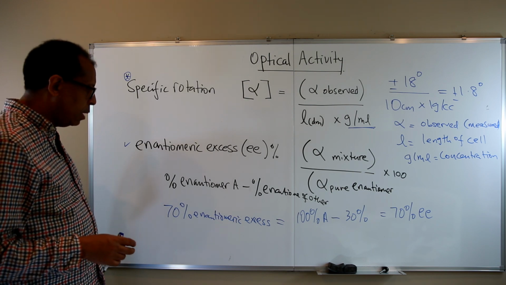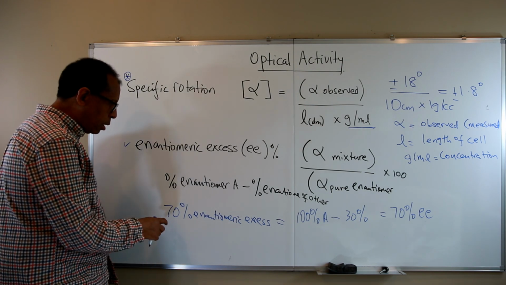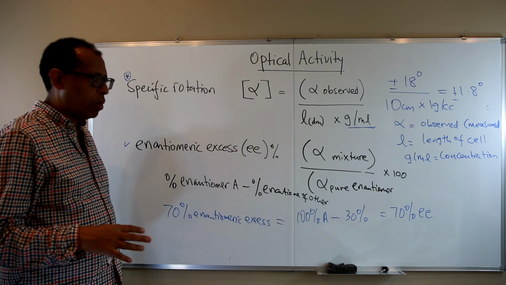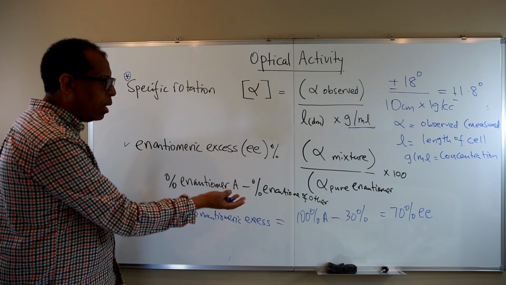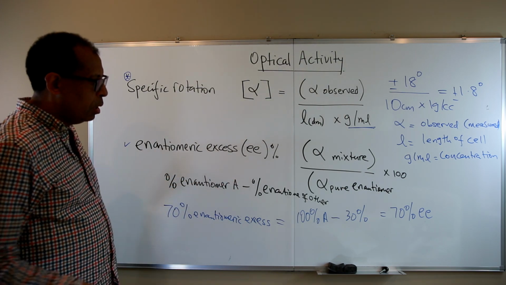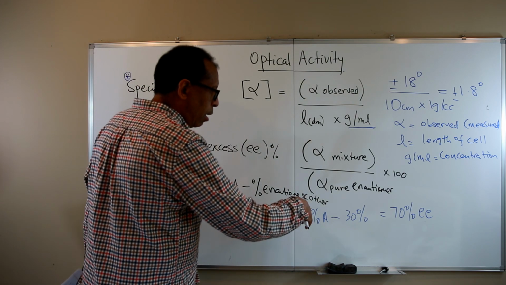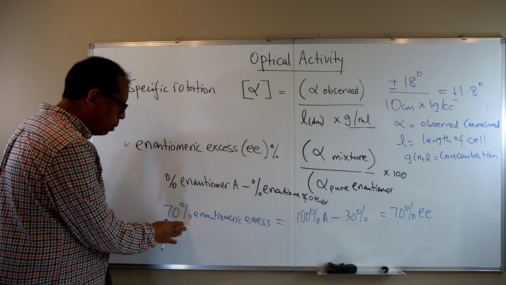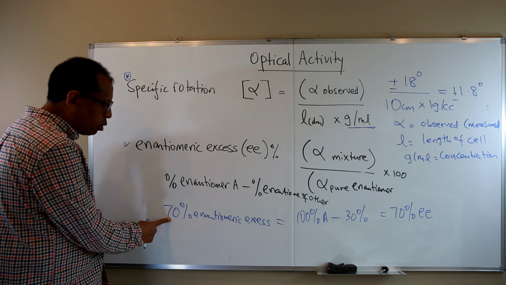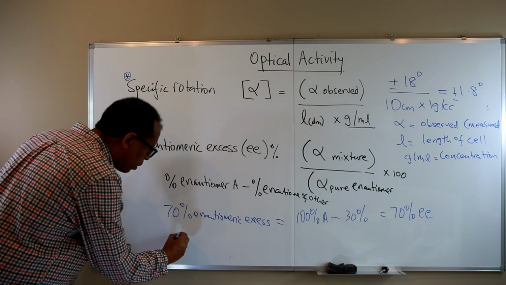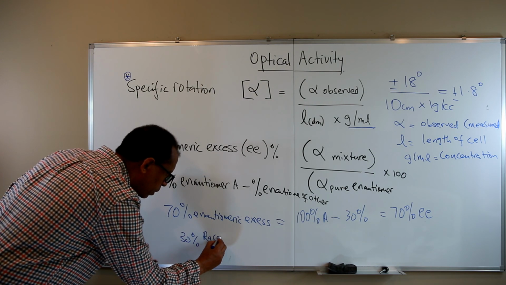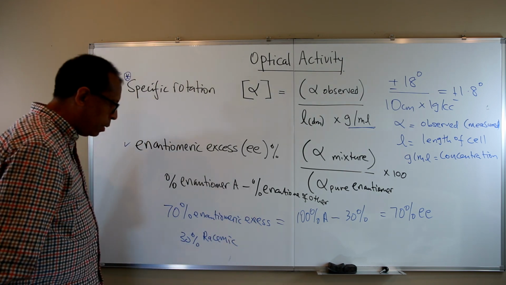Sometimes you could be asked, for example, what is the total percentage of A and the total percentage of B. That is the total percentage in terms of enantiomeric excess. That means 70% enantiomeric excess means 30% is racemic. Okay?